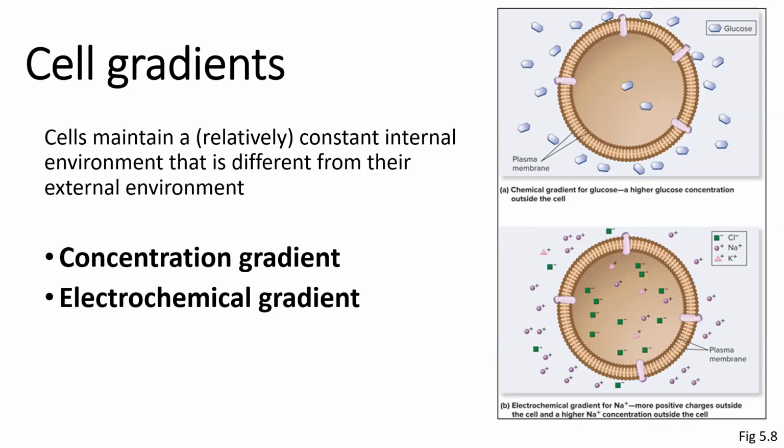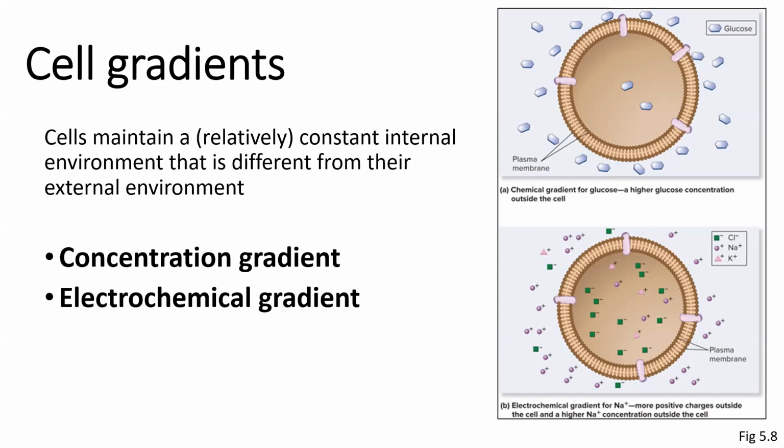You want that to be completely unchanged as much as possible. You want it to remain constant to the best of the cell's ability, okay? And also, you have to remember that the internal environment is going to differ from the external environment.